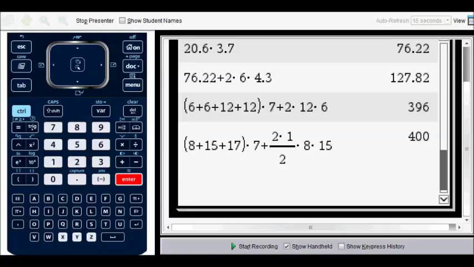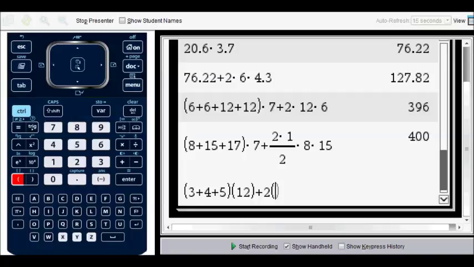Okay, so since we're going to plug this into the calculator, we're first going to put in our P, and we said that was 3 plus 4 plus 5. Then we're going to put another set of parentheses because we want to multiply P to the H, which is the height, and our height is 12. And then we're going to add that to 2 times the area of the base. So that's 2 times.